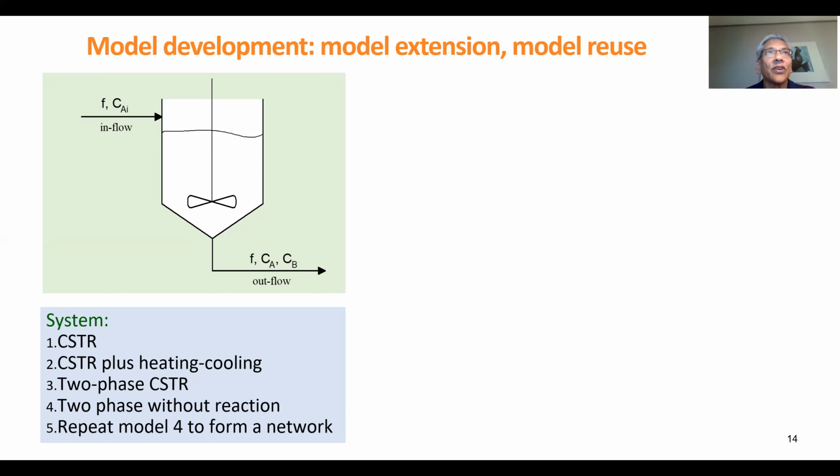So we need to add a two-phase reactor. And then we could say, well, instead of reaction, we can keep the two phases, and we can see without reaction, what would be the separation in the two phases. And then we could say that we have this model, which is with or without reaction in two phases. Can we use this as a module and create a network from it?